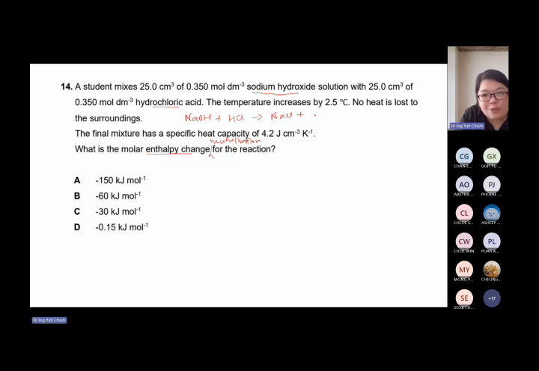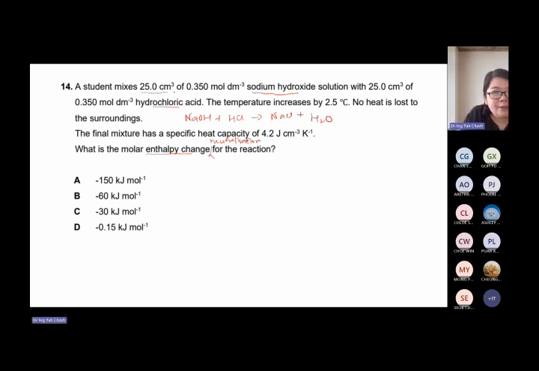So always write the equation so that you know how many moles of water is formed from the neutralization. Why do I find the number of moles of water? Because the definition for enthalpy change of neutralization is the enthalpy change when 1 mole of water is formed from the reaction between acid and alkali. So it's about the number of moles of water that is formed from the neutralization.